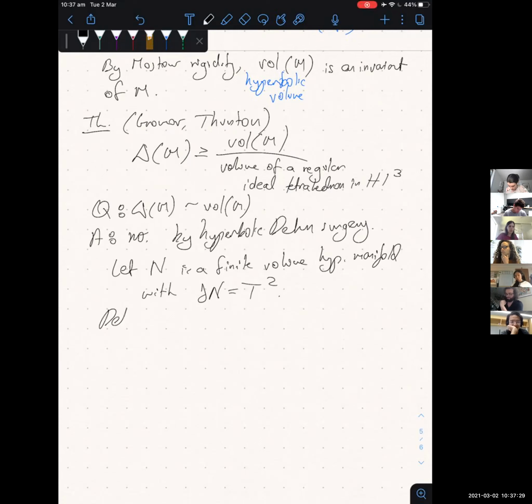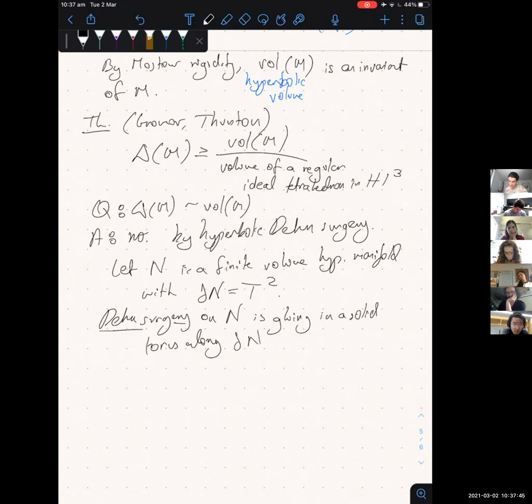Now, Dehn surgery on N is gluing in a solid torus along the boundary. So we're getting a closed 3 manifold out.